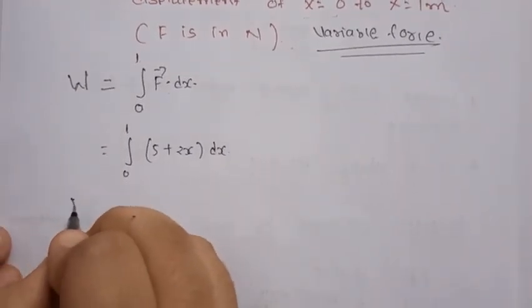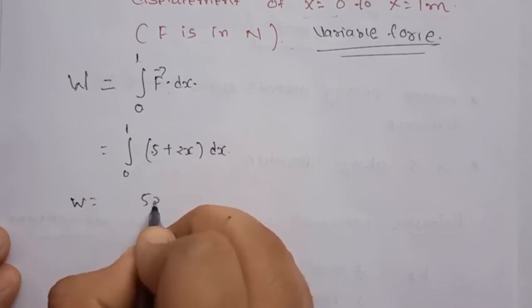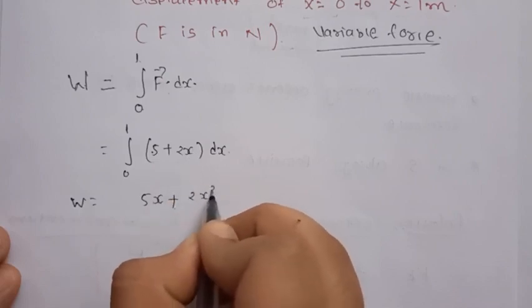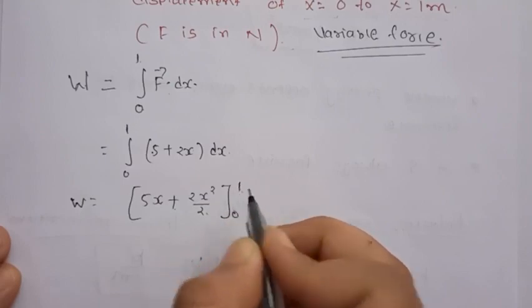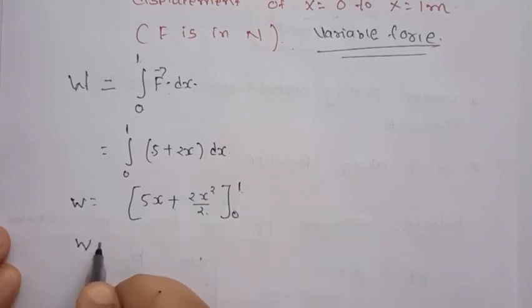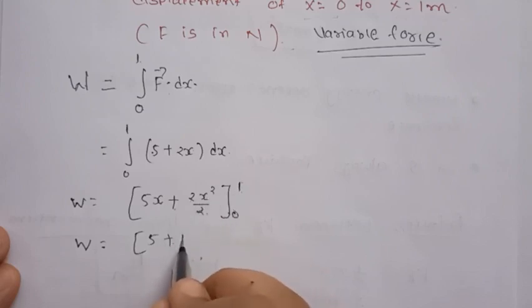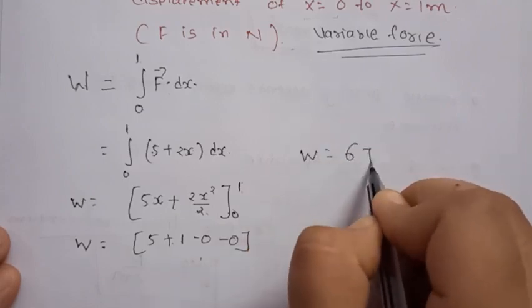So work done will be integration of 5, which is 5x, plus integration of 2x, which is 2x square by 2, with limits from 0 to 1. So putting the limits, this 2 will get cancelled out. 5 plus 1 square, 1 minus 0 minus 0. So work done will be equal to 6 joule.